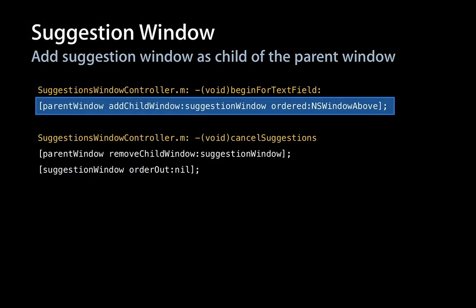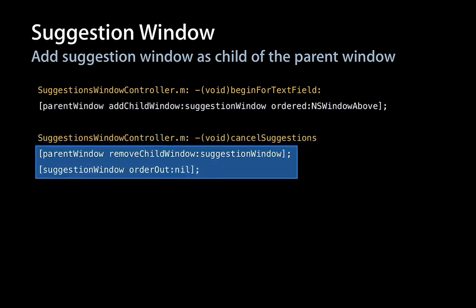So as I said, you need to add your suggestion window as a child window of the parent window. Parent window, add child window, suggestion window, ordered NSWindowAbove. So bring the child window above your parent window and be displayed, put it in the appropriate place. So now you don't need to call order front on the window, and we obviously don't want to make it key, so we don't want to call order front and make key, because the key focus needs to remain in the text field.